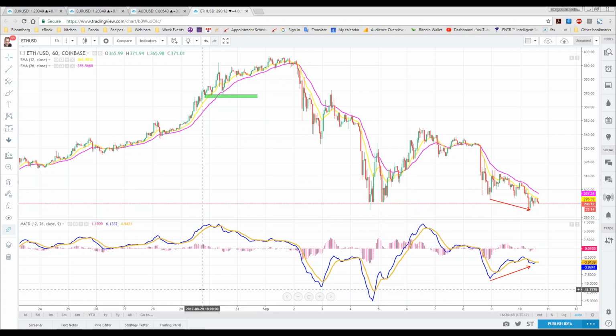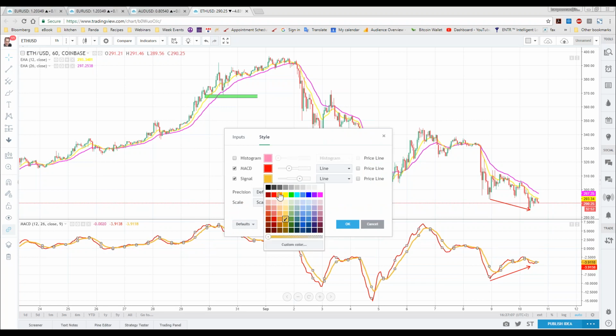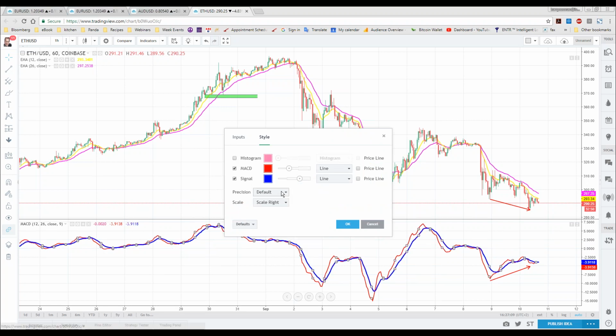Actually, let me make it the same colors we've been talking about in class. So the MACD line will go back to being our red line, and we'll make the signal line back to being our blue line, because it makes more sense, just like we were talking in class.